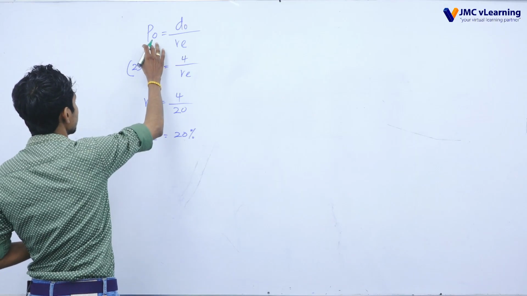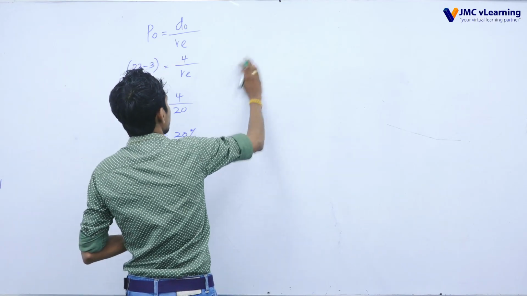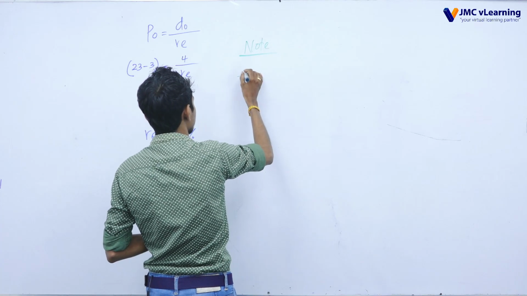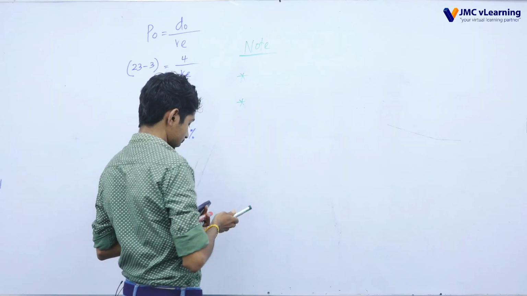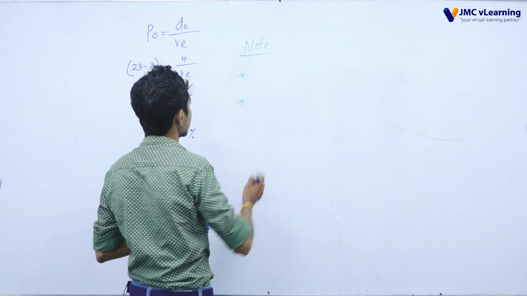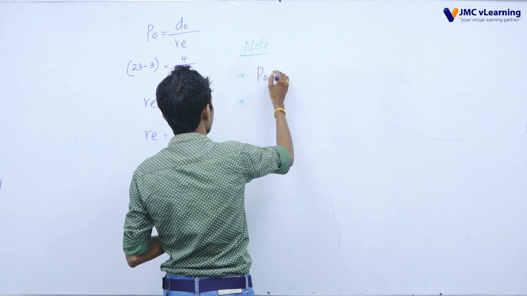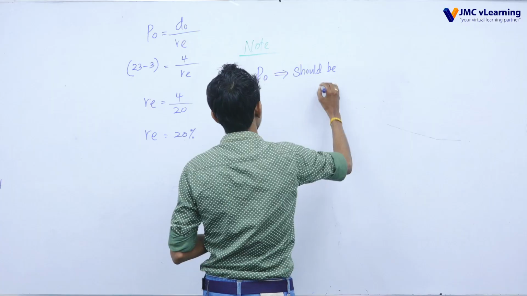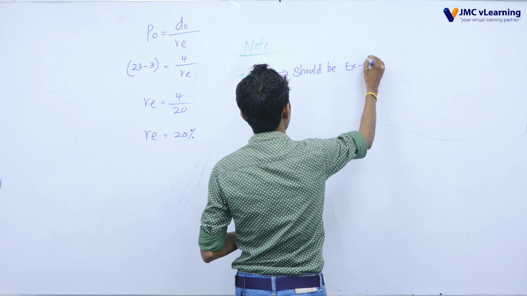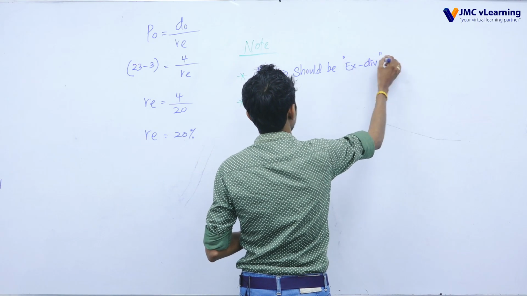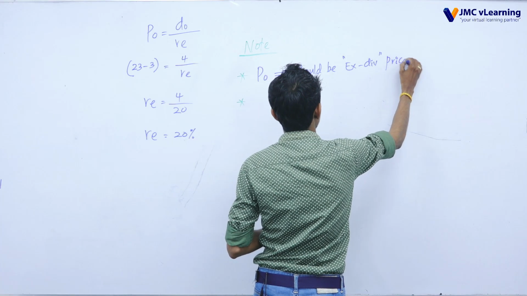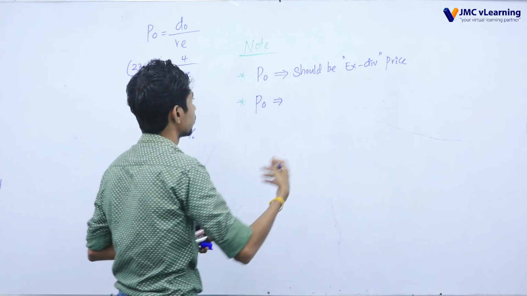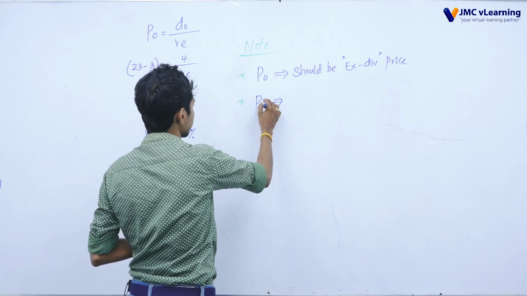Notes. There are 2 points we have to note. First one, P0 should be the ex-div price. If the ex-div price is not available and only the cum-div price is given, then we can take it as it is.